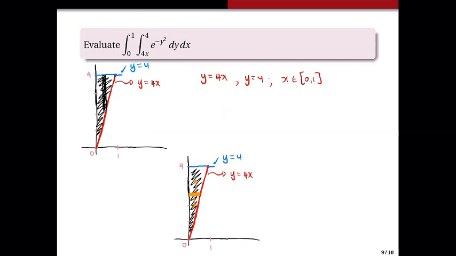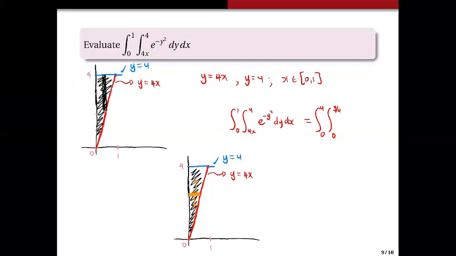Therefore, you have the original integral here, from 0 to 1, 4x up to 4, e to the negative y squared dy dx. This time the integral will be from 0 to 4. And then here you will have from 0 to y over 4.